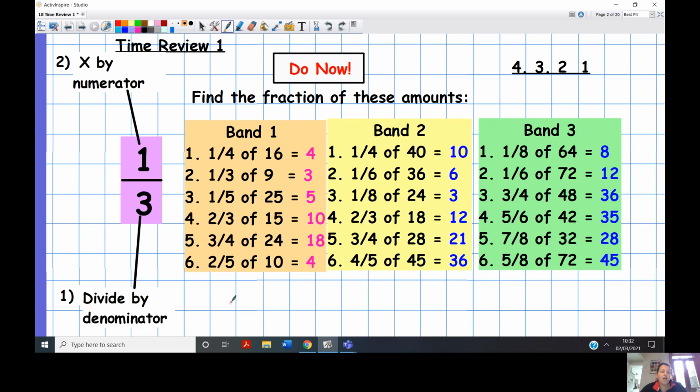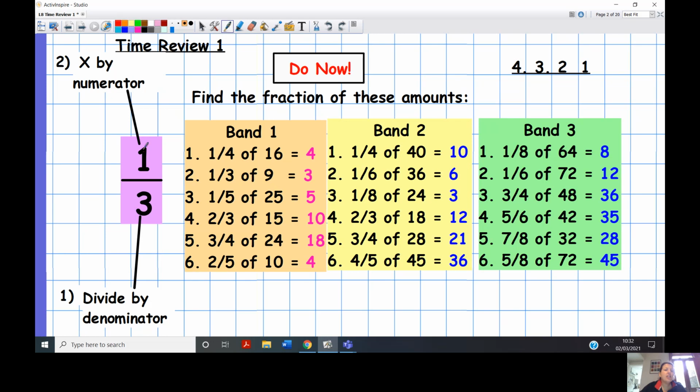So with fractions of amounts, over here is your key information. You divide by the denominator, our bottom number, and multiply by the top number, which is the numerator. The denominator shows us how many equal parts there are altogether.